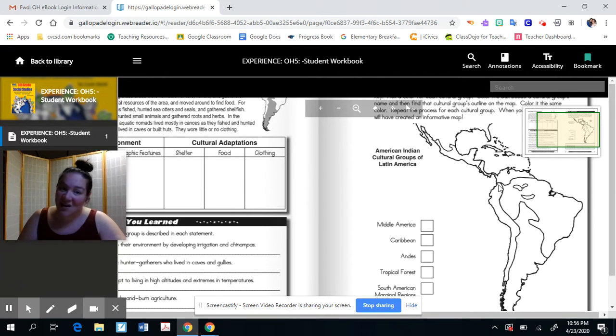So obviously this area is warm and humid, okay, because it is close to the equator. A lot of scientists believe that the first people to settle in what is now Cuba probably came from Middle America.